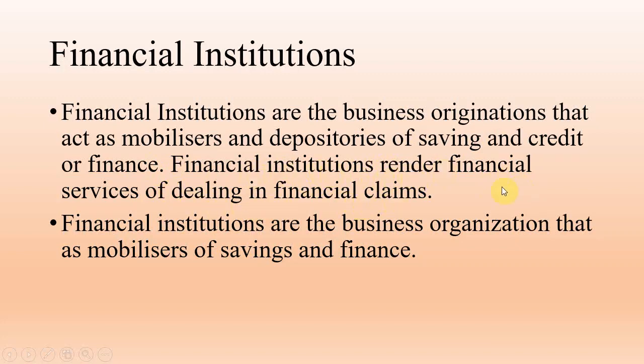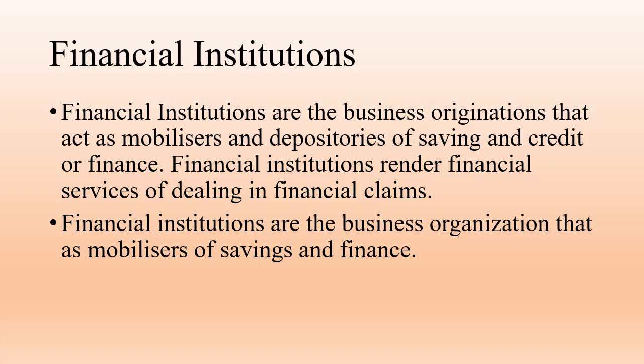Financial institutions render financial services, such as services provided by banks, savings, providing credit facilities, and acting as an agent, not a broker, in the share market, in dealing in the markets.